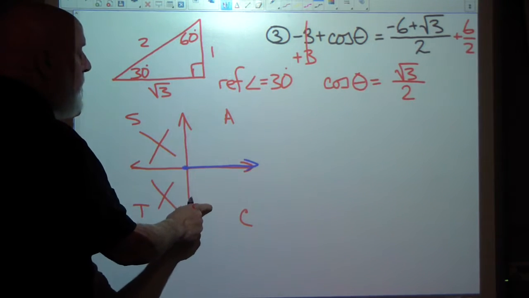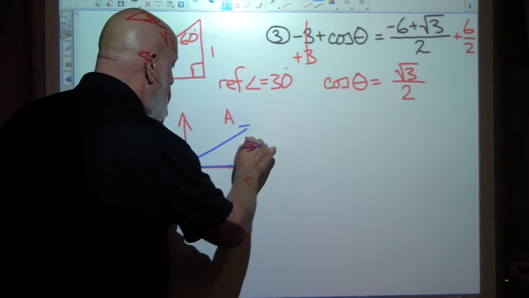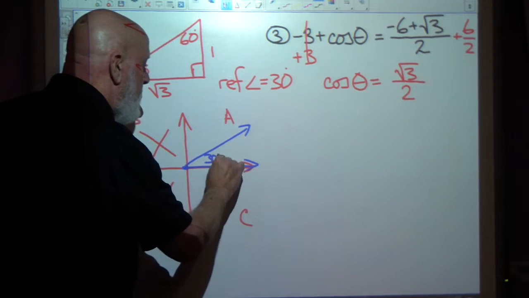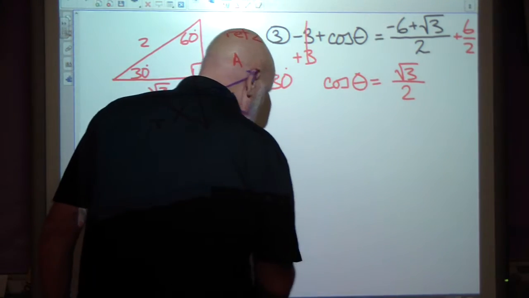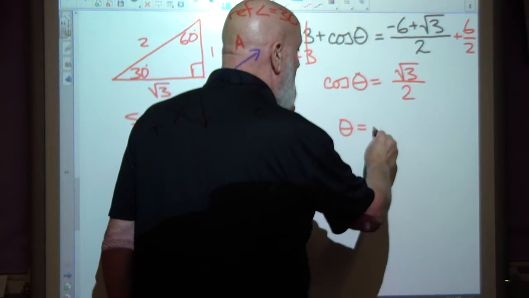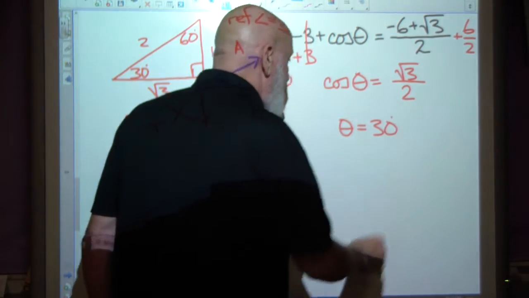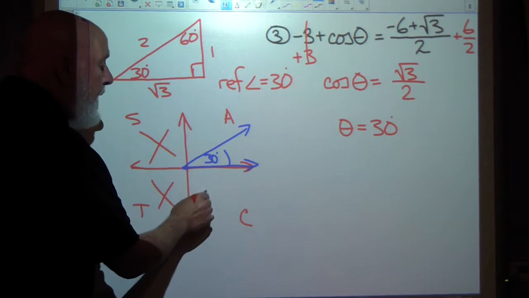In quadrant 1, if I rotate 30 degrees and stop, that's an angle of 30 degrees. So theta could be 30 degrees. Quadrant 1 angle with a reference angle of 30 degrees is 30 degrees. The second angle would be in quadrant 4.